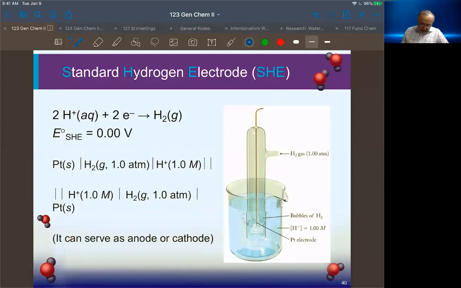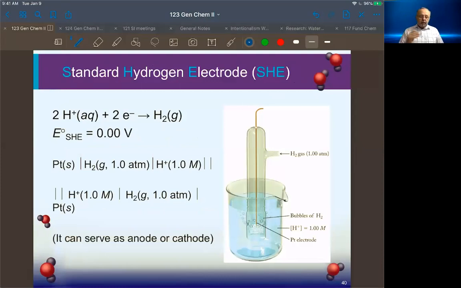Okay, next comes the standard hydrogen electrode, and that is kind of the reference, called the reference electrode, or we can call it the standard electrode, and that's because arbitrarily we have made that potential to be zero.